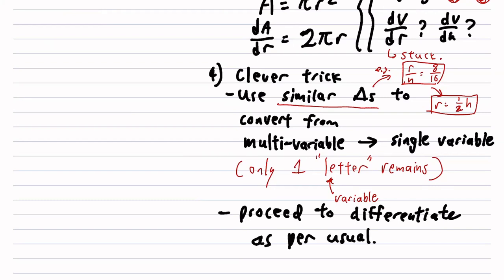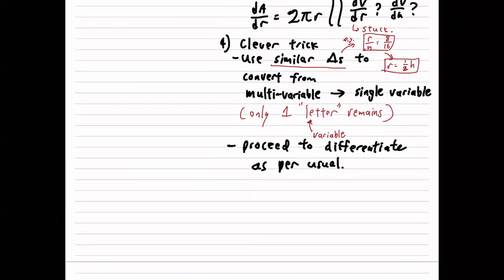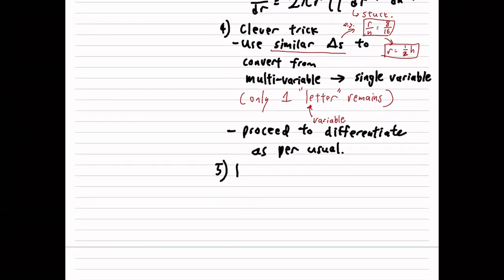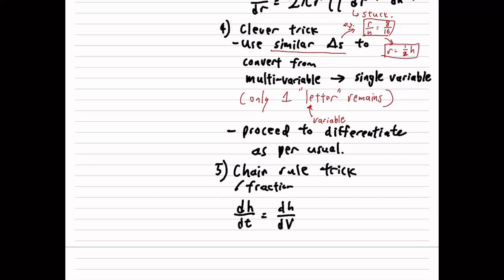Then the rest is just use the standard rate of change trick, the chain rule trick, or the fraction trick. So dH by dt becomes dH over dV times dV over dt. The V can cancel away.